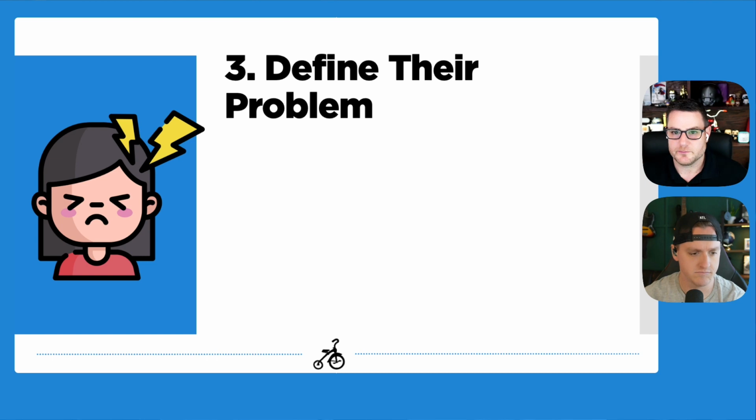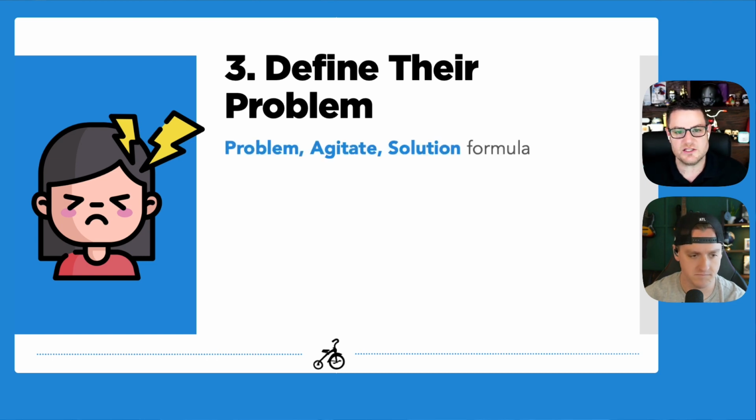Part 3, define their problem. So this uses the problem, agitate, solution formula. Okay. So again, Craig, I know I had you do some of our worksheets in preparation for this. So what you can use here are our FFPs exercise, right?